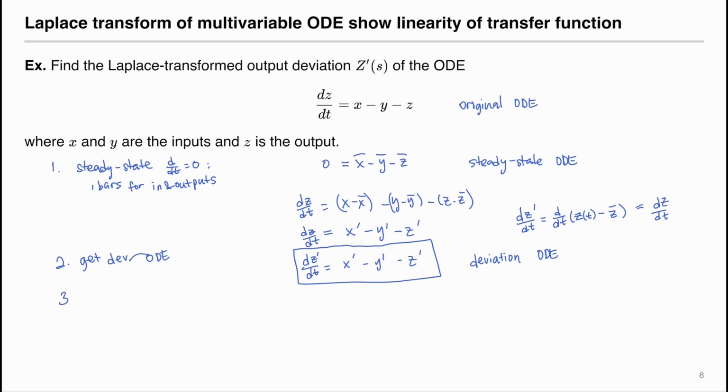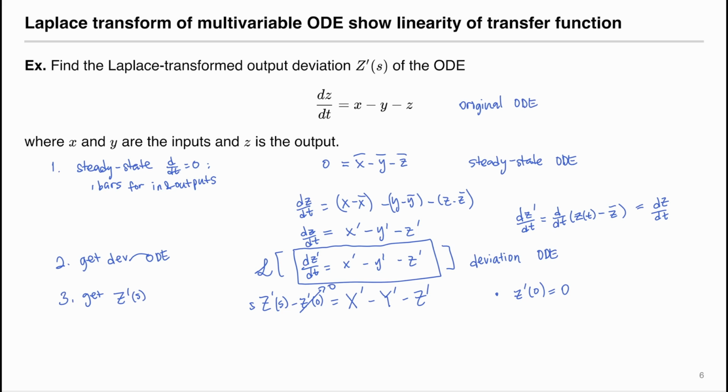The third step is to get the output deviation by finding the Laplace transform of the ODE on both sides. We have s times big Z of s minus z prime's initial condition equals big X minus big Y minus big Z. And we note that we use the vanishing initial condition z prime of 0 equals 0, because initially it would be at steady state.